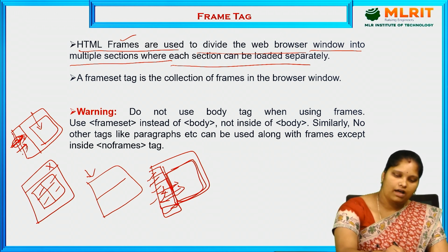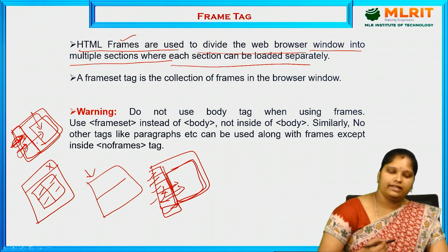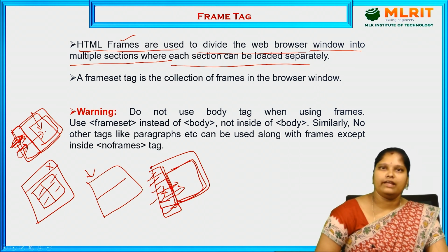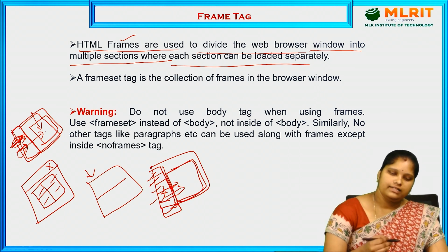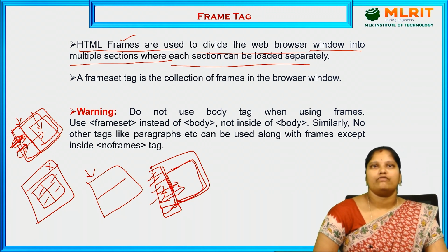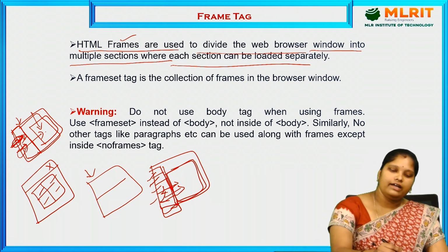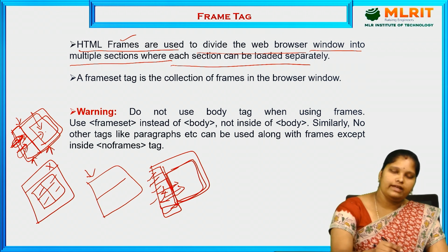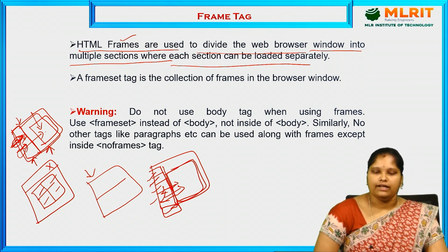Those are all inserted here, and the title information is stored here. By clicking on a title, we can make the information visible. For this separation we need to use the frame tag, and each and every window is loaded separately.